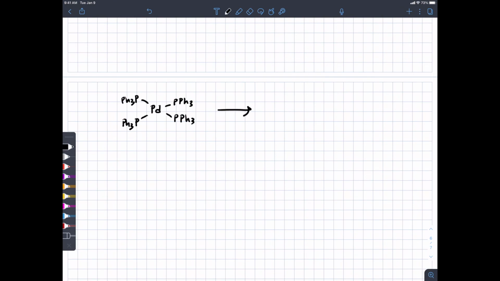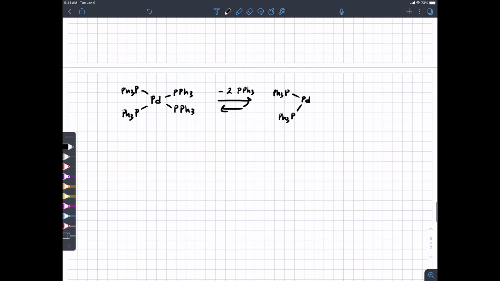And then we're going to do what's called a ligand dissociation reaction where we're just going to lose 2 triphenylphosphines. The metal stays the same. We just don't have as many ligands present. Ligand dissociation is usually fast and reversible. So this is some equilibrium.